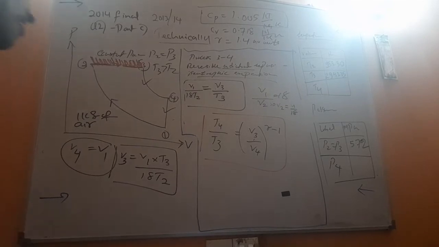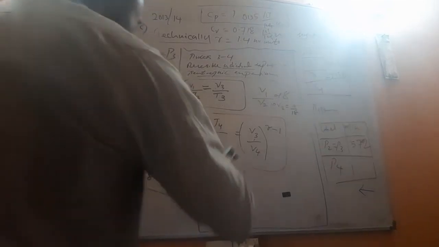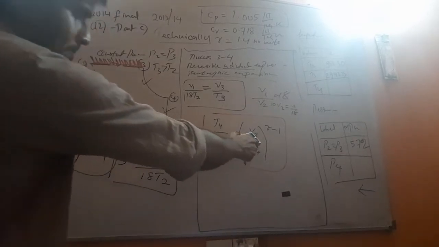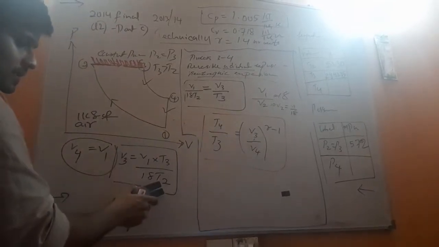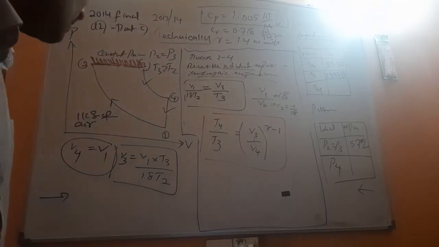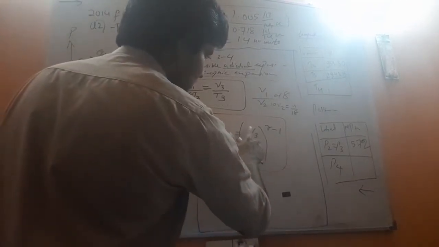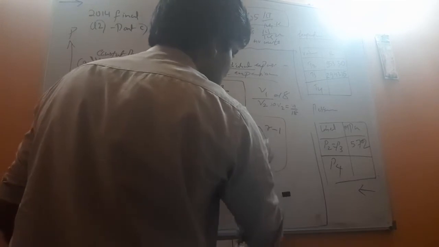So now here you have V3. Replace this V3 by putting this value, V1 T3 18 T2. V3 is there. I will just write the same thing, V3 V4.